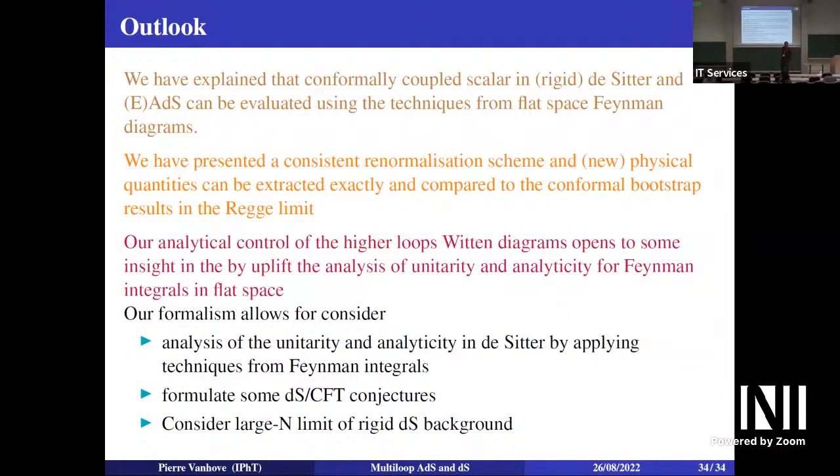The renormalization scheme we introduced is mimicked on what you do in flat space, from the phi to the 4th. But does your renormalization scheme involve introducing some arbitrary mass like you would normally in dimensional regularization? Because in standard dimensional regularization, there's a mu. There's a mu, yes.